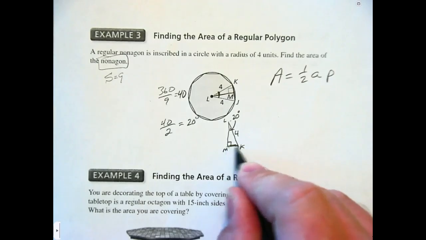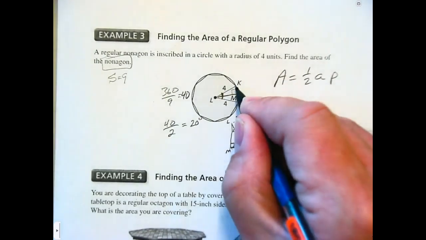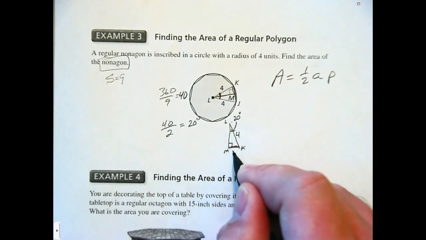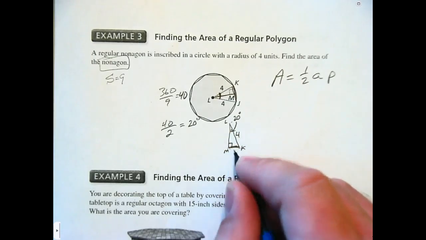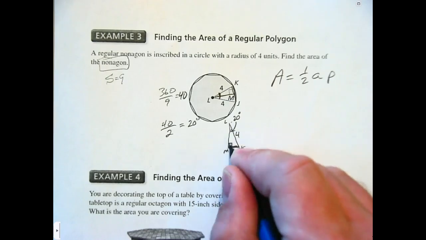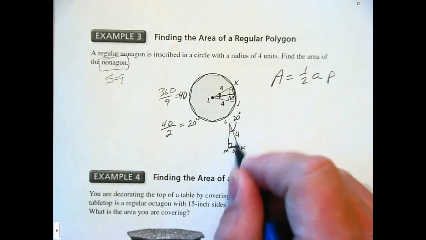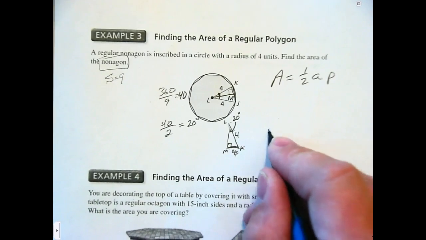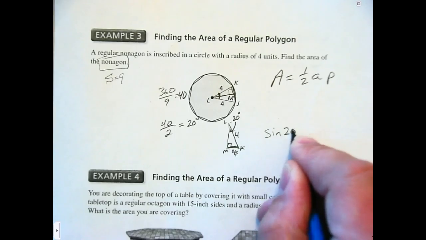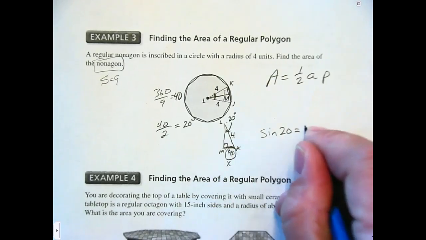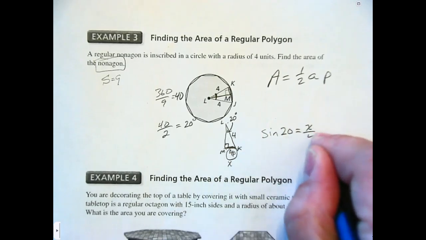So to find this, which will help us to find a side length, okay, I'm trying to find this side right here. So this is our opposite side of our angle and our hypotenuse. So opposite and hypotenuse is sine. So the sine of 20 is equal to this side, let's call that x, x over 4.